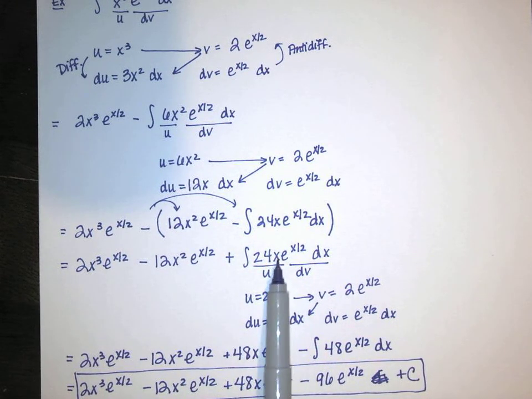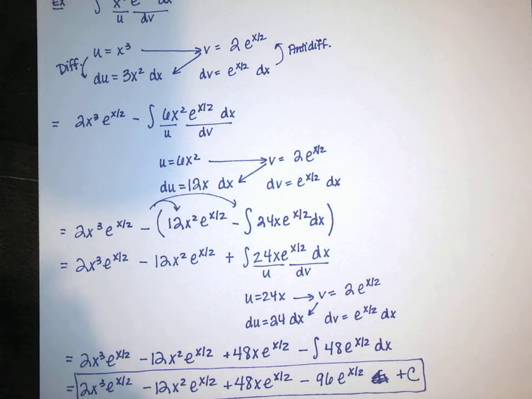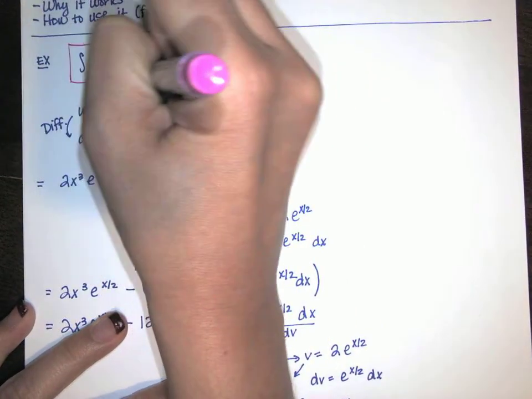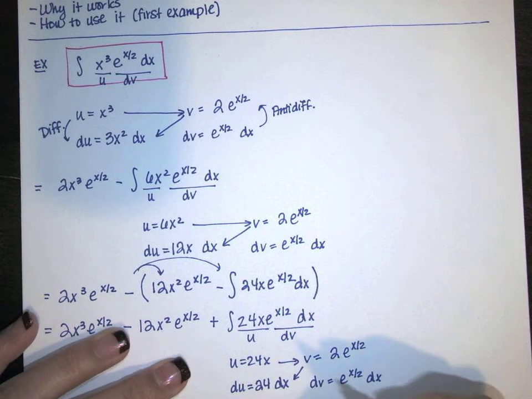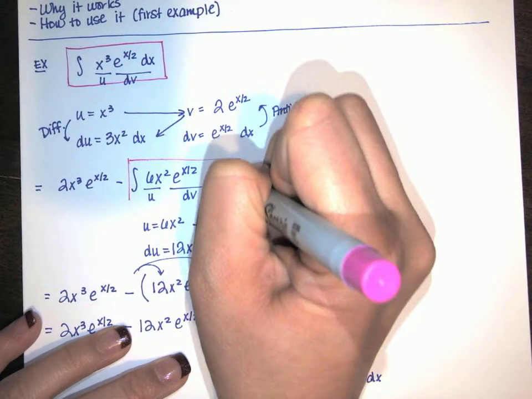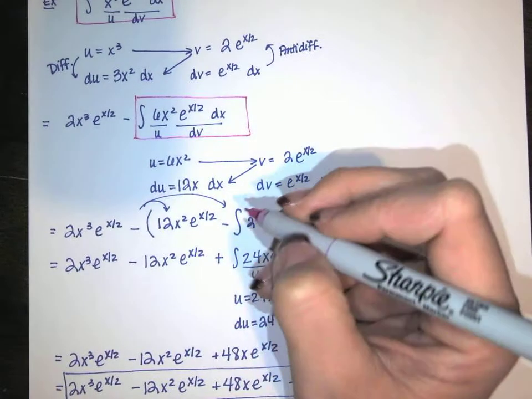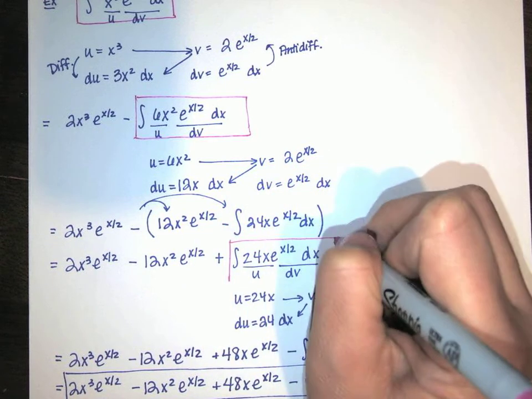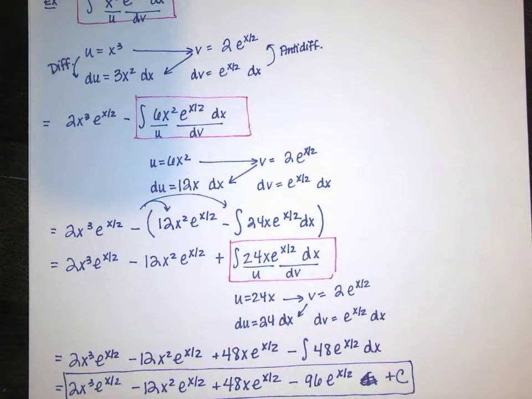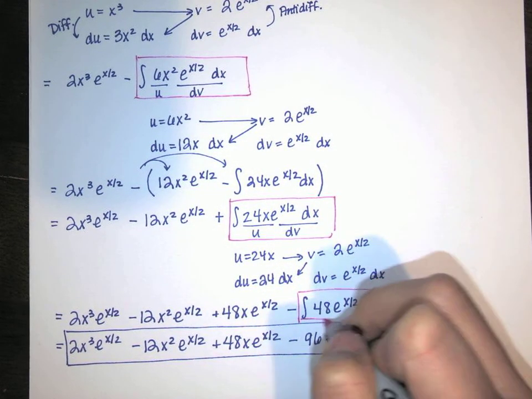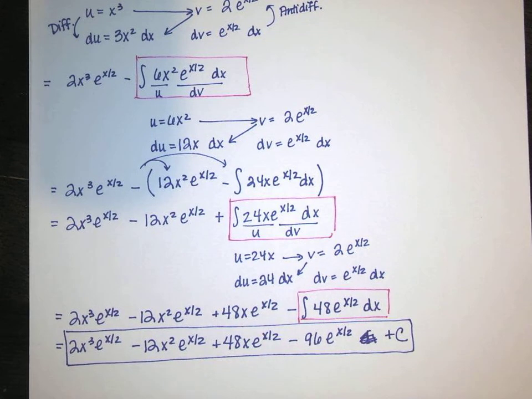So this first degree became a 0th degree. It was a cubic polynomial times an exponential, then a quadratic polynomial times an exponential, then a linear polynomial times an exponential, and then finally our constant times the exponential, and we got to finish the problem.